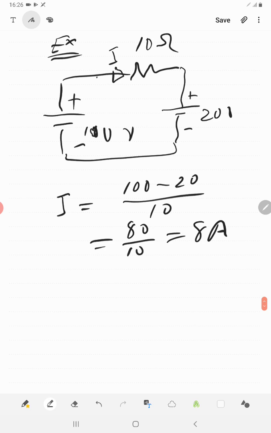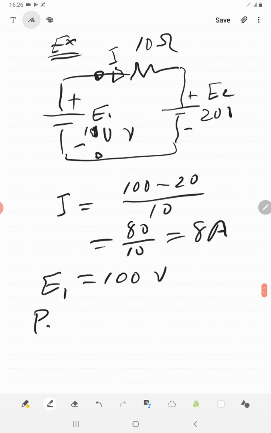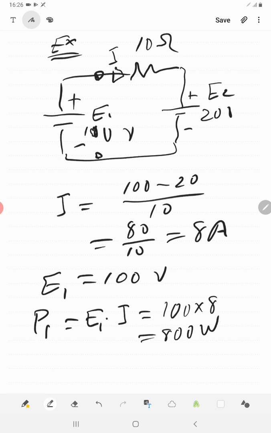Now, if we take this source, let's say this is E1 and this is E2, then E1 equals 100 volts, which means that P1 is equal to E1 times I, which is 100 times 8, so it's 800 watts.